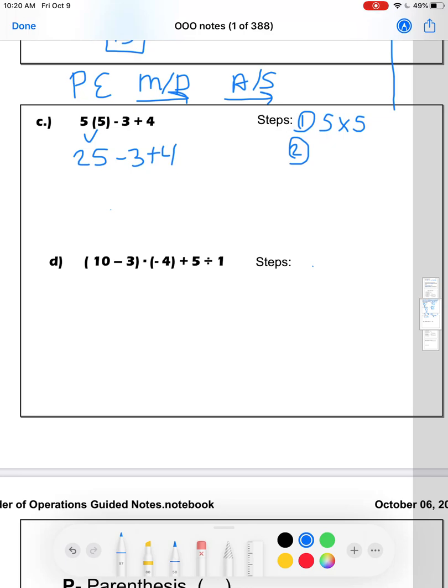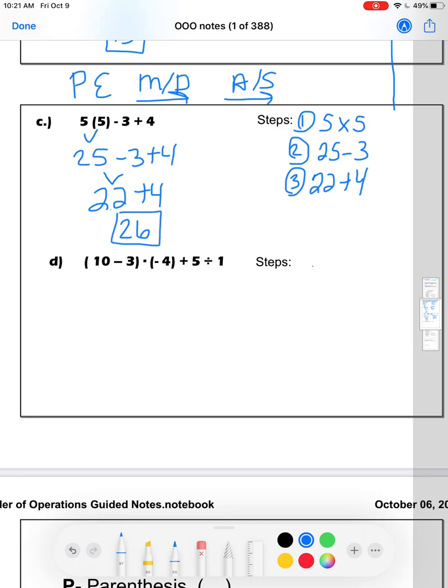However, we need to do what's first from left to right, so subtraction comes first. So 25 minus 3. Bring down what you didn't use. And then your last step will be addition, which is 26 as your answer.